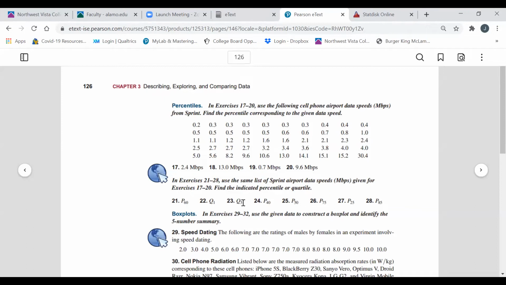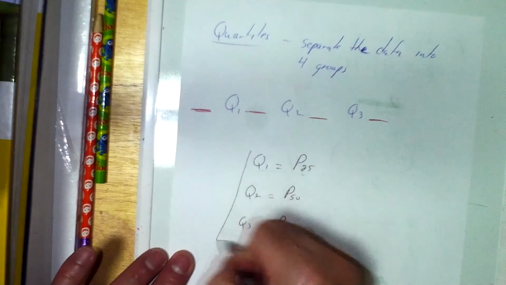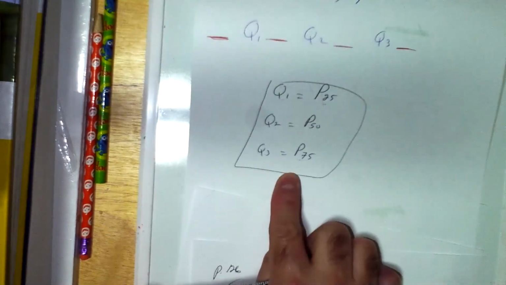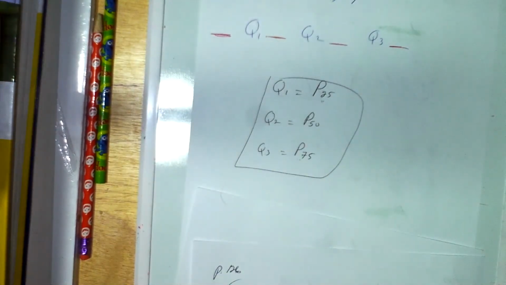All right, what is the conversion from Q to P for Q3? Q3 is, let's look, Q3 is P75. So we're gonna do the percentile.